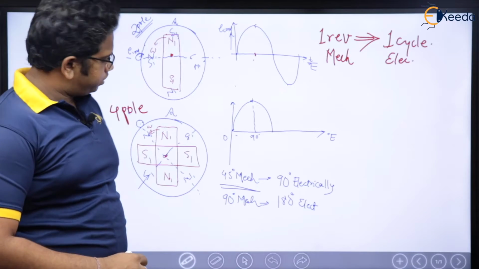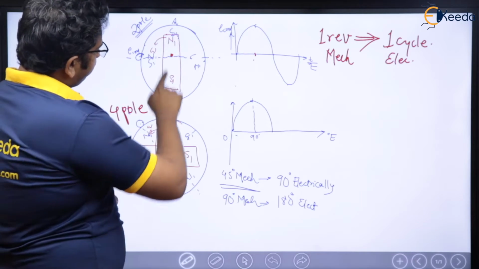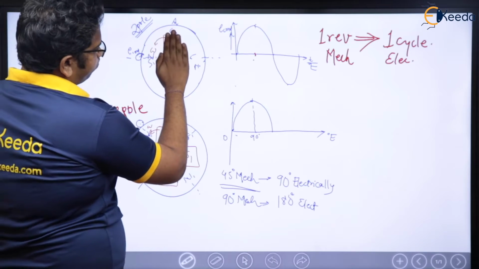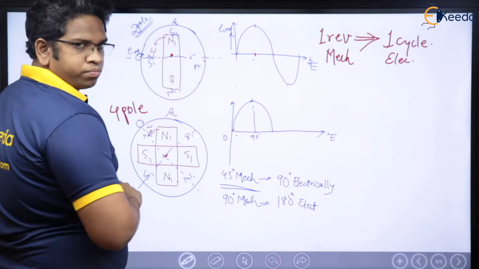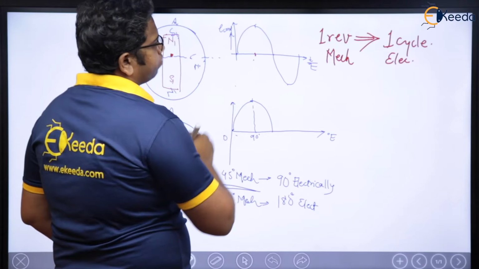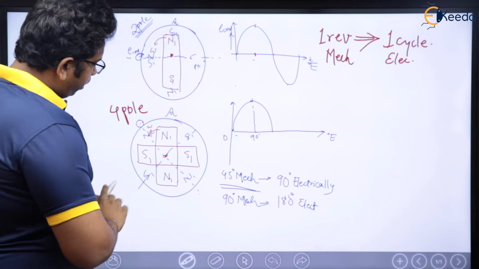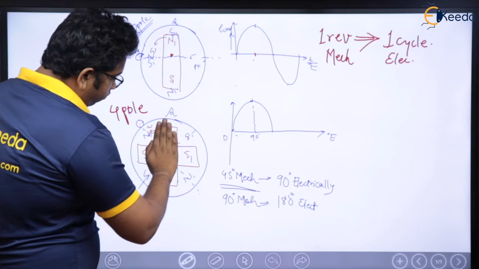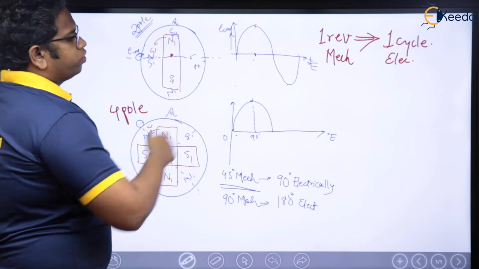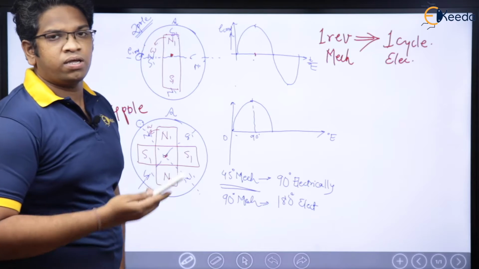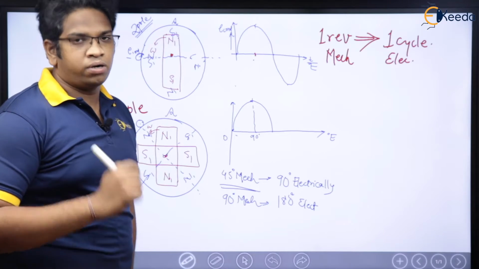If you see here, why? Because here if you see, when I rotated this pole by 90 degrees, then I got induced EMF to be positive maximum. Whereas here if you see, when I rotate this by 45 degrees only, I am going to get 90 degrees here, which means angles are going to be doubled, right?